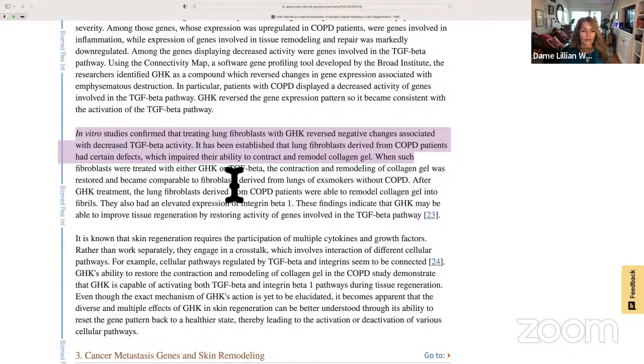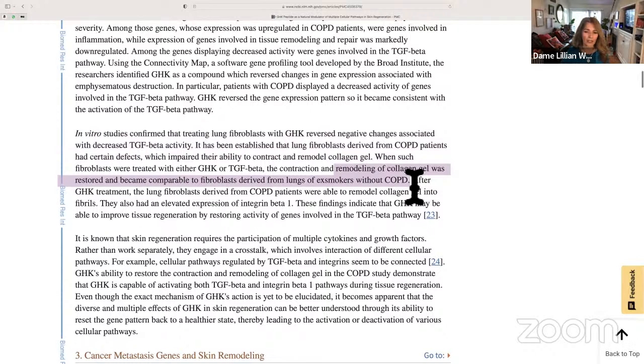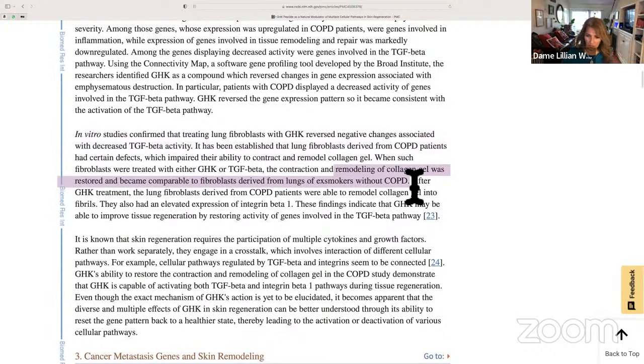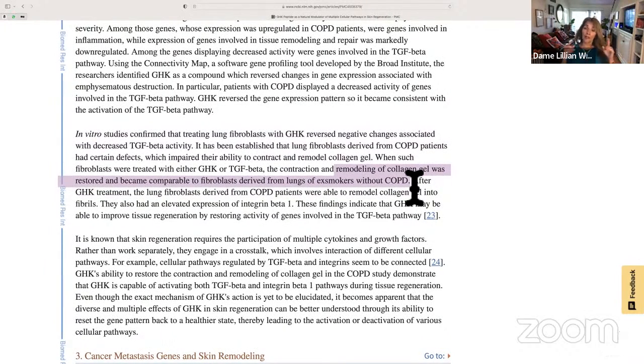So when such fibroblasts were treated with either GHK or TGF-beta, the contraction and remodeling of the collagen gel was restored and became comparable to fibroblasts derived from lungs of ex-smokers without COPD. So it's basically telling you that they're able to unring the bell and restore the body back to its younger, healthier state.